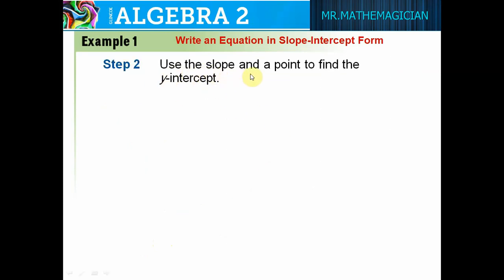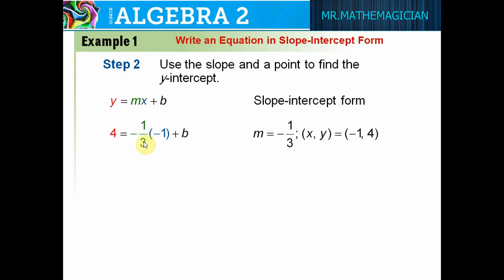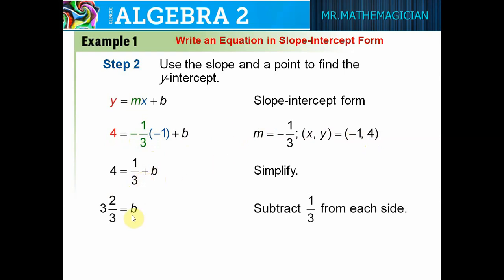So you can use the slope and a point to find the y-intercept, because our aim is to find b now. We know that m is negative 1 over 3, and taking the point negative 1 and 4, substitute x as negative 1 and y as 4, so you can find b. Negative times negative is positive. Now you can subtract 1 over 3 from both sides to get b alone. So b will be 3 and 2/3.